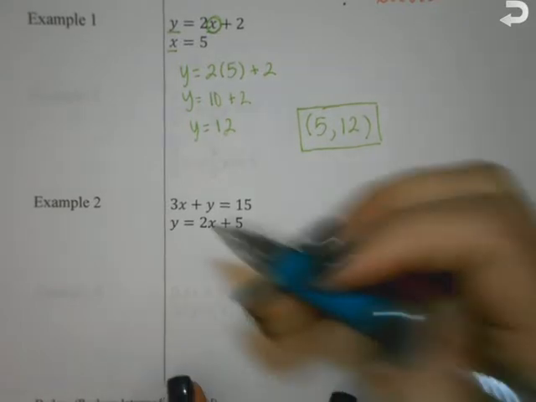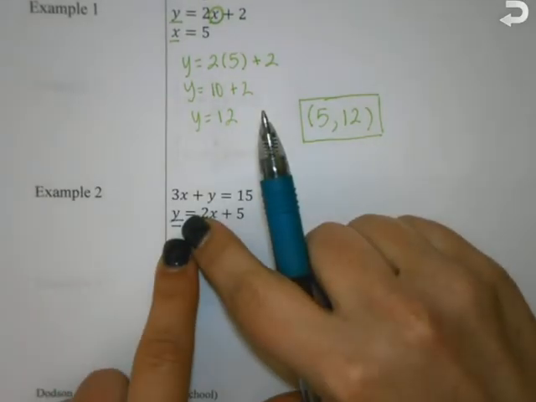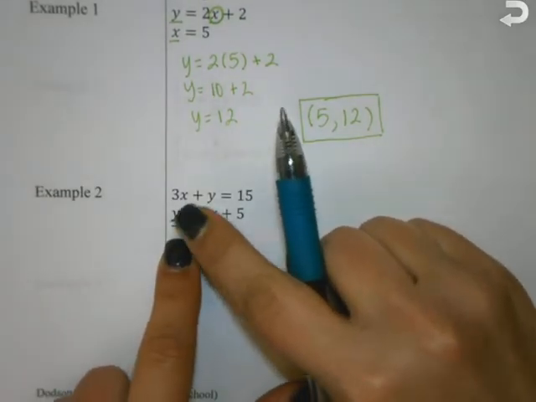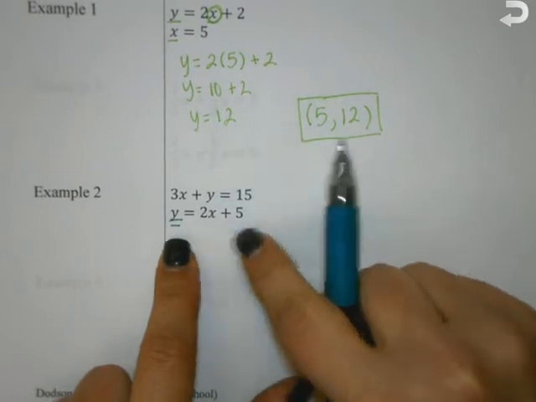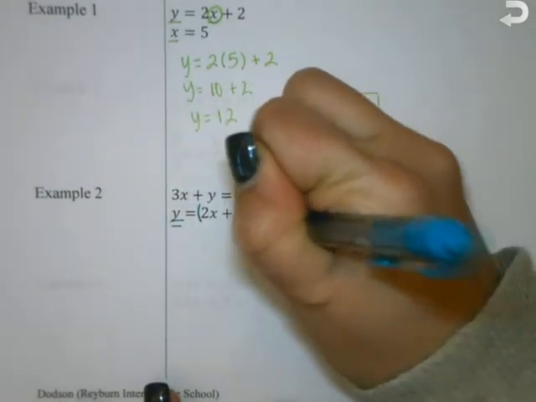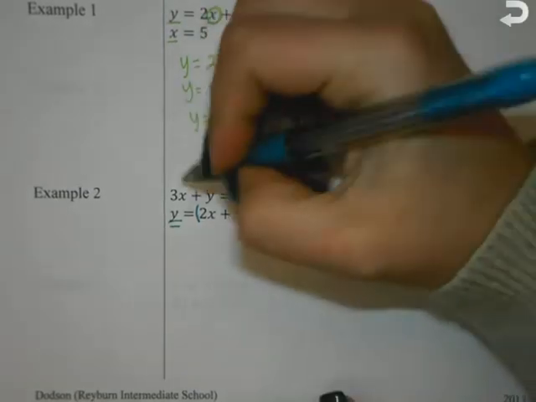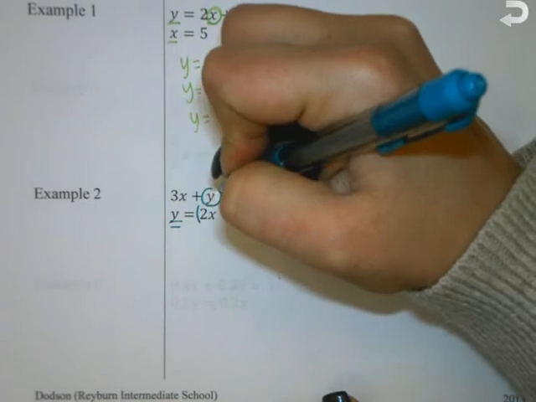I already have y equals, right? Isolated means you have x equals or y equals. That's what isolated means. So in the second equation, I already have y isolated because it's y equals. So what I want you guys to do is put parentheses around the 2x plus 5 and circle where y is in the first equation.